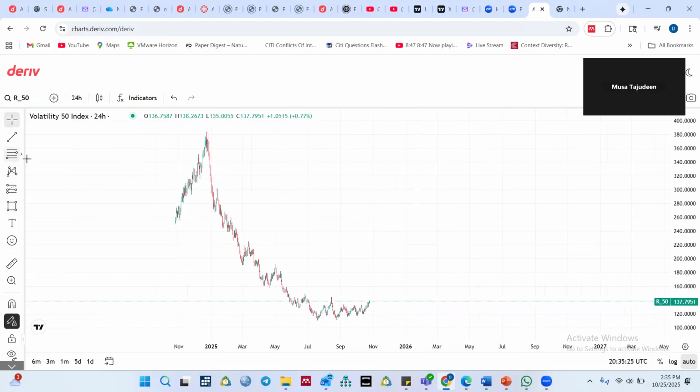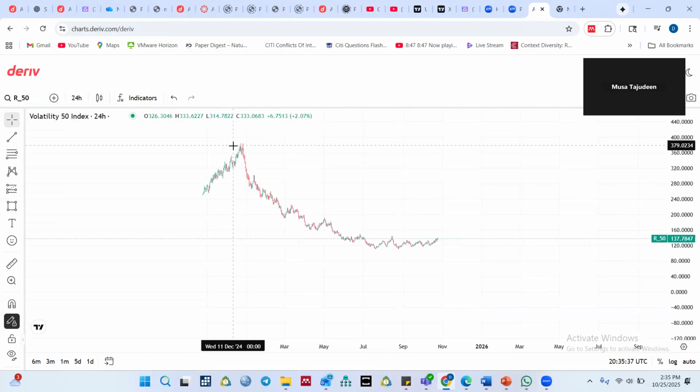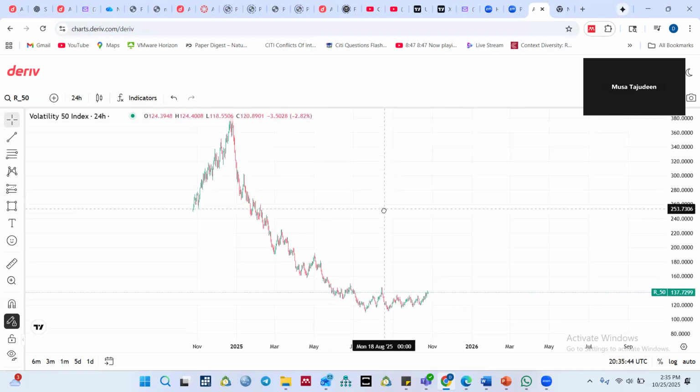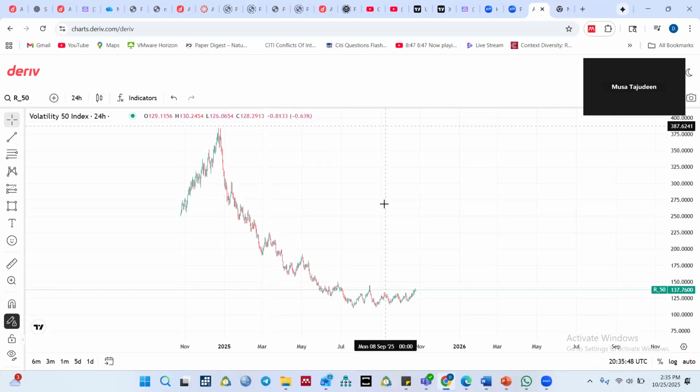Normally what I would do is look at where this sell started from, which is the top here, to where it's ending here, which is down here, and that would be my swing range.